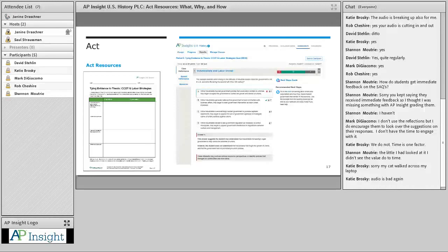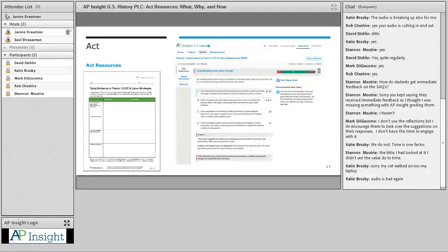The point is not to show mastery so much as to discover where students need to work on mastery. So the point is not to penalize them for wrong answers, but to help them.